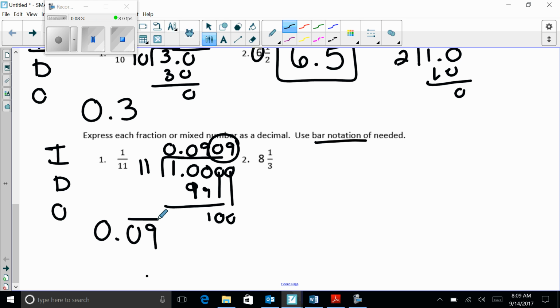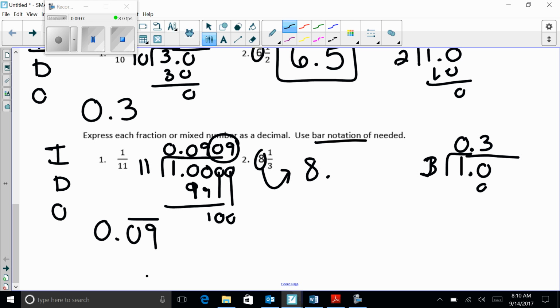Okay, our last example on this side, 8 1/3. So again, I'm going to take that 8 and I'm going to bring it out. So now I'm only dealing with my 1/3 as a fraction. So 1 inside the house, 3 outside. It's hard to write with on here. So 3 does not go into 1. 3 does go into 10. It goes 3 times, which is 9. So I have 1 left over. So I'm going to add a 0 and bring it down.